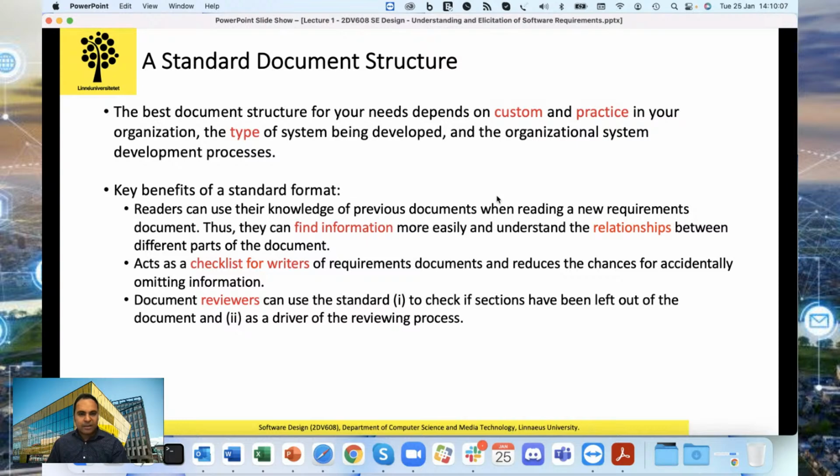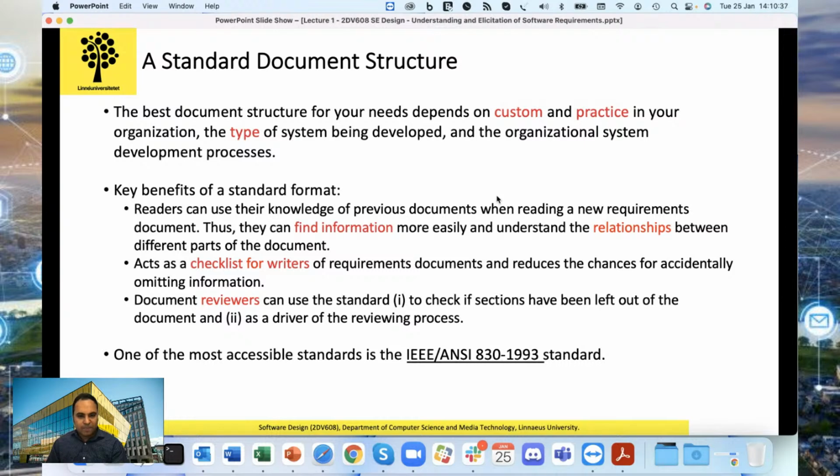And then reviewers can also follow that standard document structure to review the document. So they can basically have a clear picture in their mind of what they are expecting in your requirements document if you have a clearly defined standard structure for your organization.